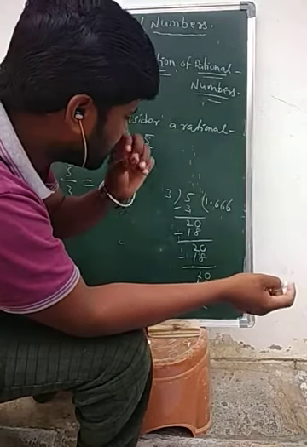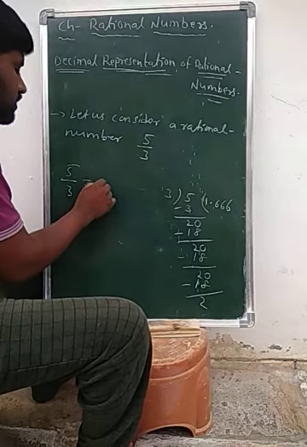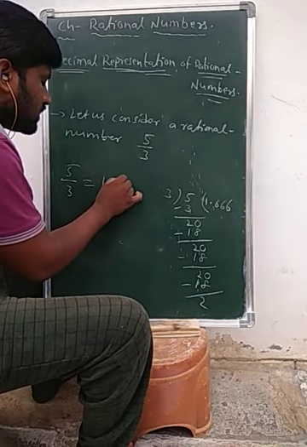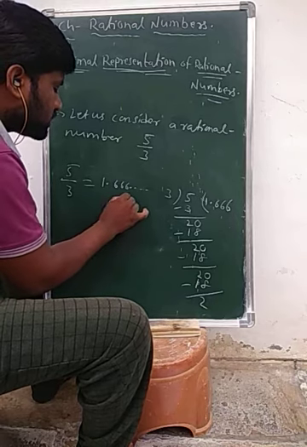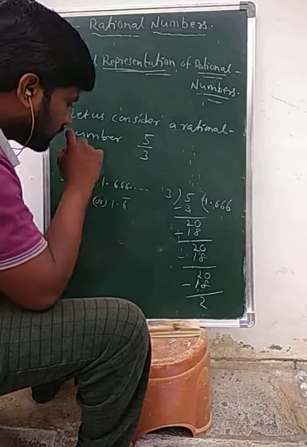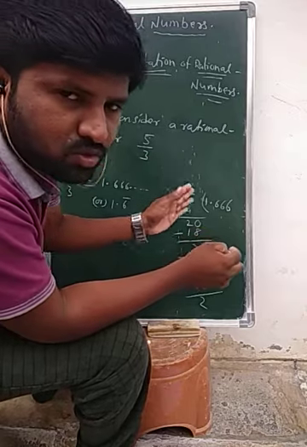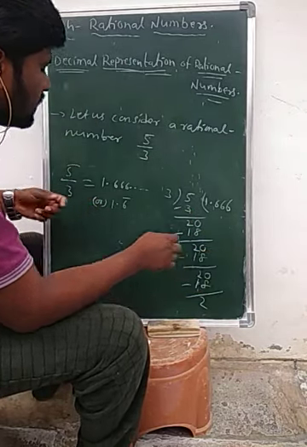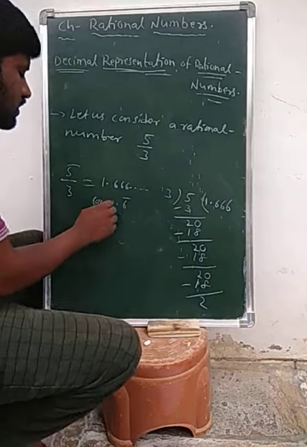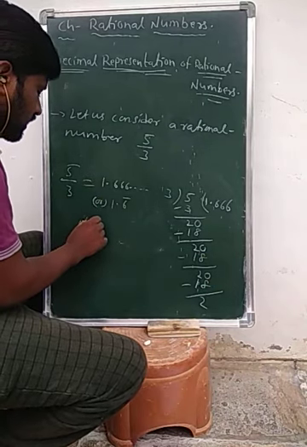That's why we can write 1.666 and so on. Means we can write it as 1.6 bar. That means 6 keeps repeating. What do we call numbers with this type of decimal form?